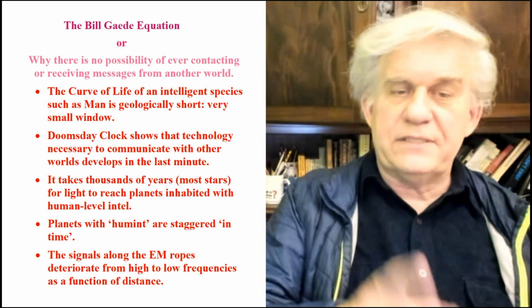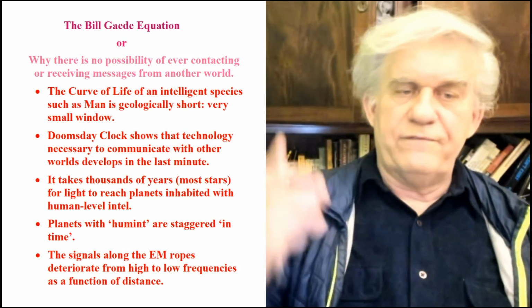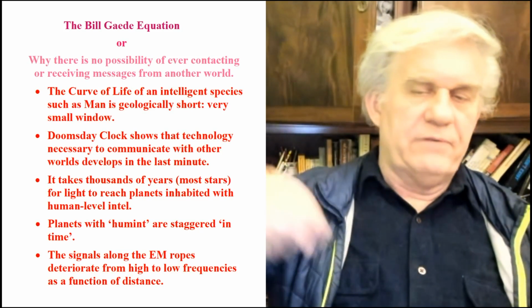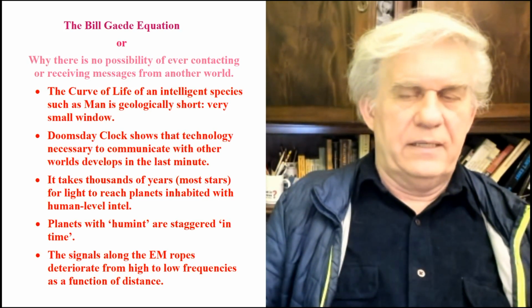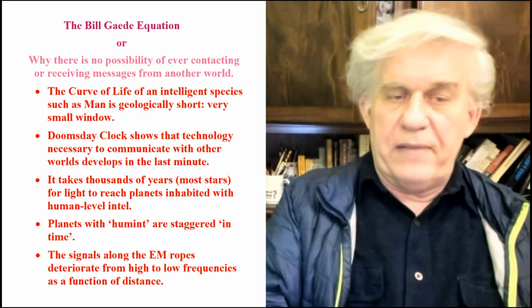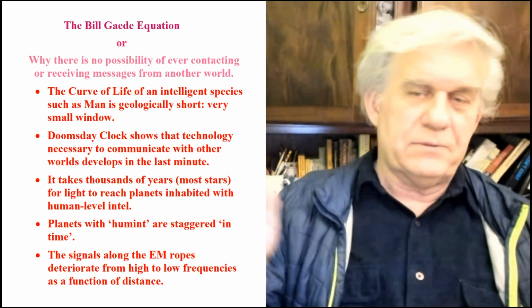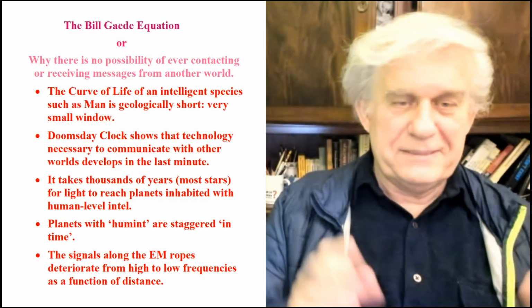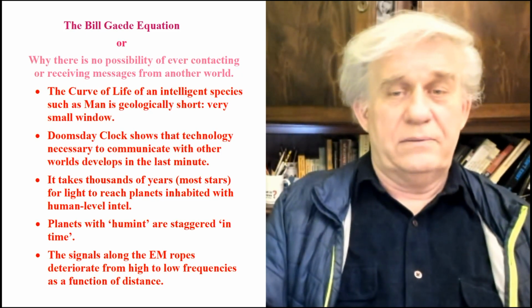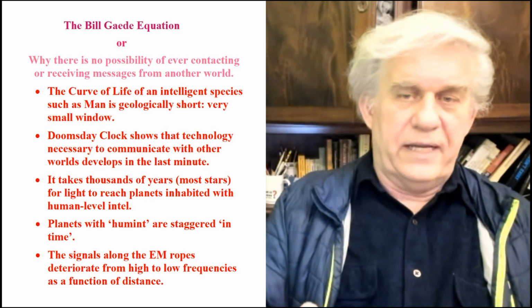It takes thousands of years, for most stars at least, right, for light to reach planets inhabited with human-level intelligence. And we're staggered also. The next point there, planets with human intelligence, that's what they call it at the CIA, are staggered in time. In other words, here we are. We had our 200 years of glory, right?